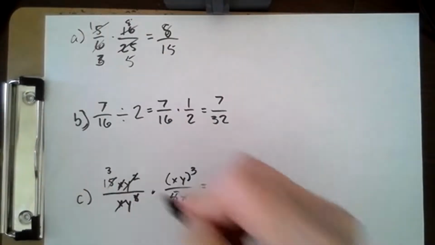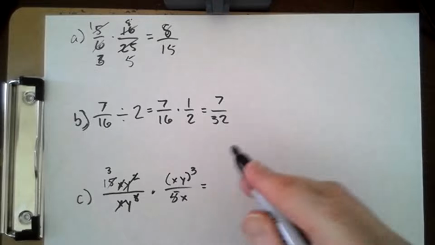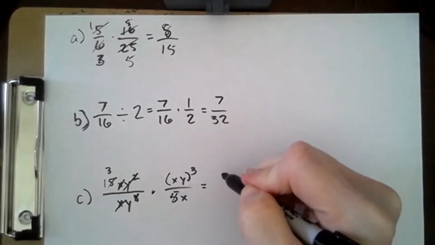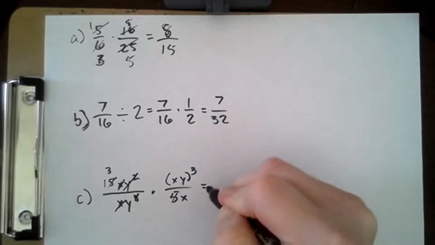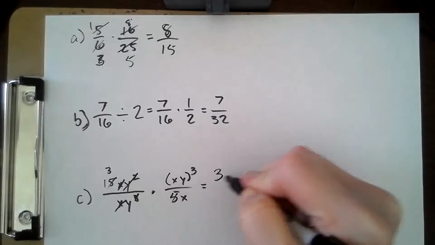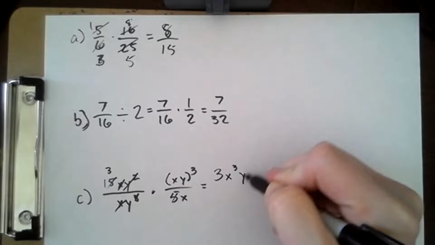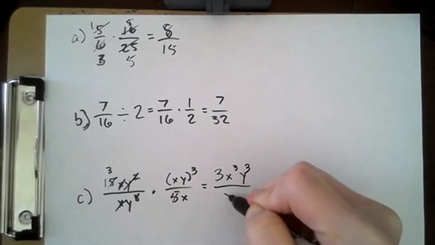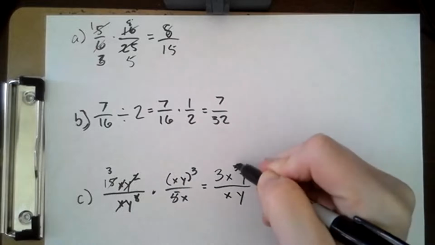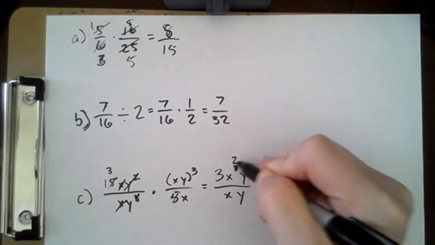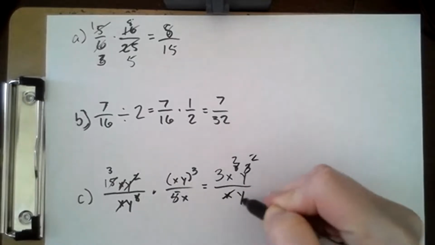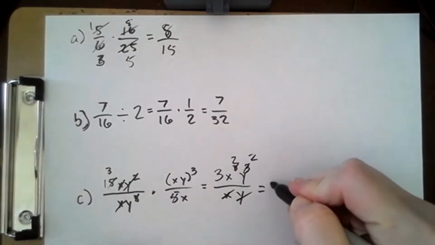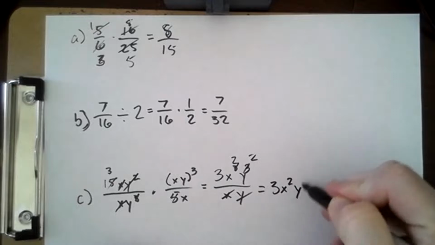So we're left with 3 over y on the left and xy cubed over x on the right. So we wind up with 3x cubed y cubed over, we had a y here and x there, so that's xy, and now we can cancel an x and a y from the numerator and denominator, and we're left with 3x squared y squared.